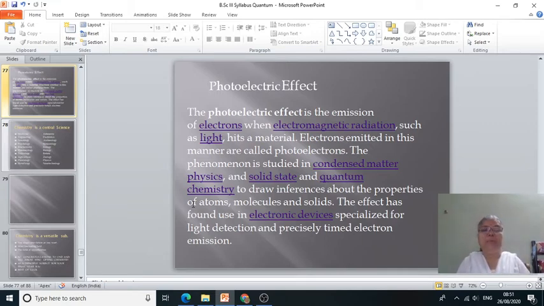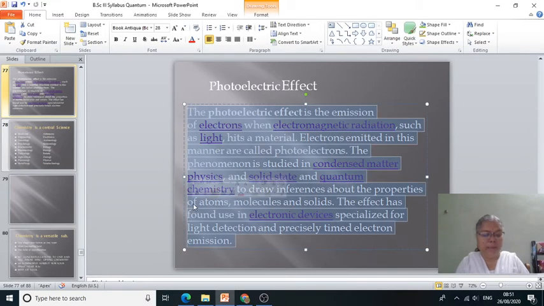Then as per the law of conservation of energy, we can write the equation h nu equals phi plus 1/2 m v squared, where 1/2 m v squared is the kinetic energy of the electron and phi is the work function of the metal. Again, we know that phi equals h nu 0, and substituting, we get h nu equals h nu 0 plus 1/2 m v squared.